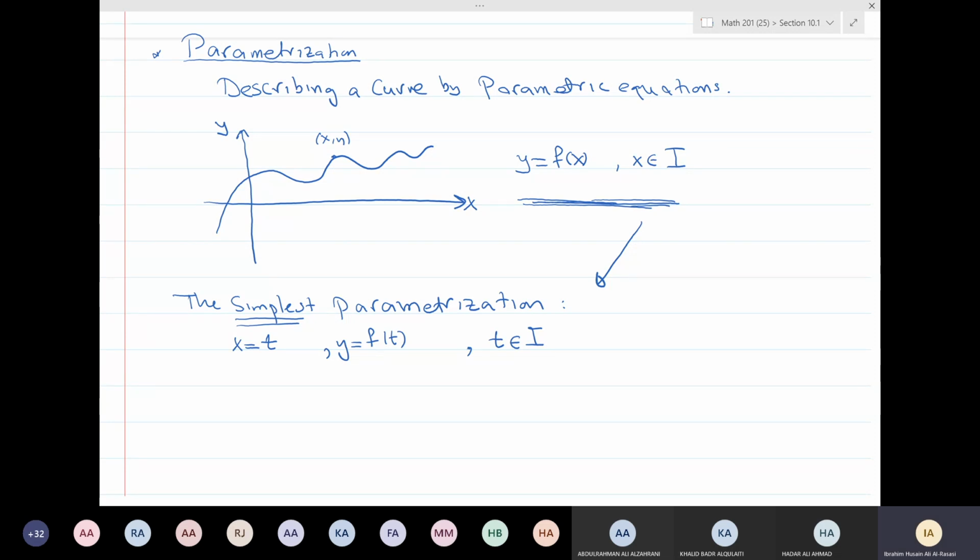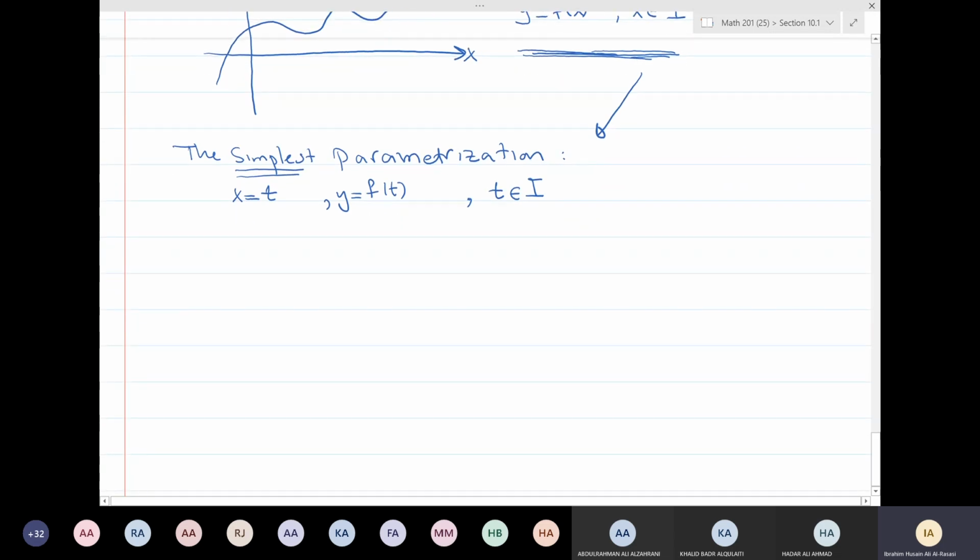Okay, so I will illustrate this and other variations through the examples. Okay, example here.